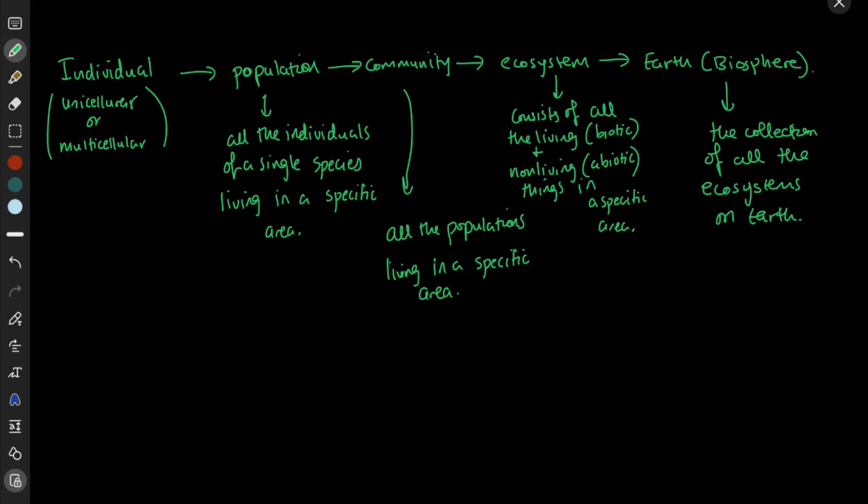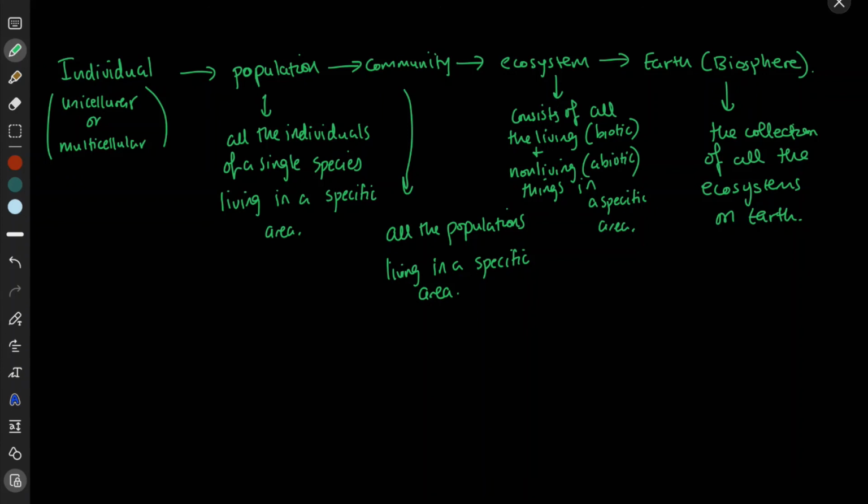So again, the individual is a pine tree in a forest. The population is going to be all the pine trees living in that specific forest, okay? Now, community is going to be all the pine trees, all the insects, all the animals, all the plants, all of the birds, and so on, right?